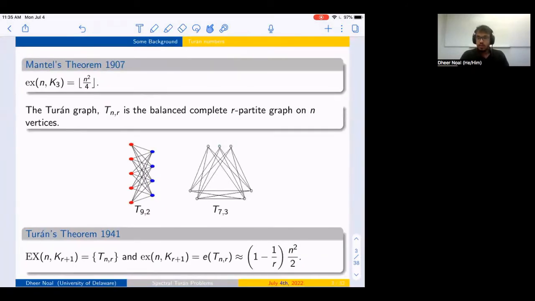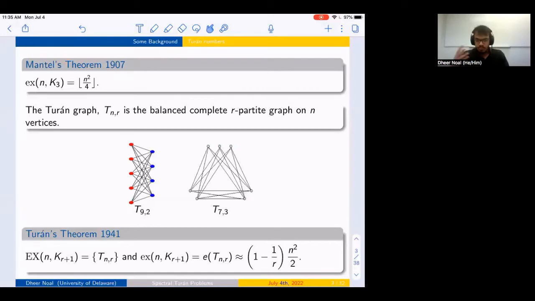Right. And so this field started long ago. Mantel's theorem is one of the first results, if not the first, where you're forbidding the triangles and trying to figure out what is the maximum number of edges. And n squared by 4 turns out to be the Turán number for triangles. This is further generalized to forbidding any complete graph by Turán's theorem.